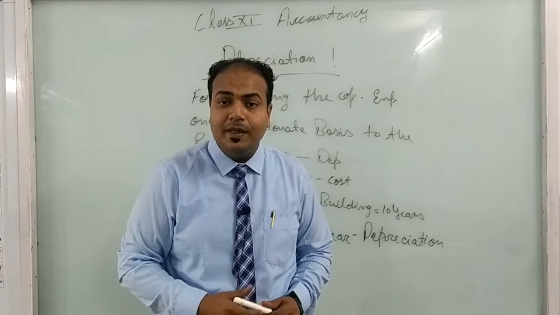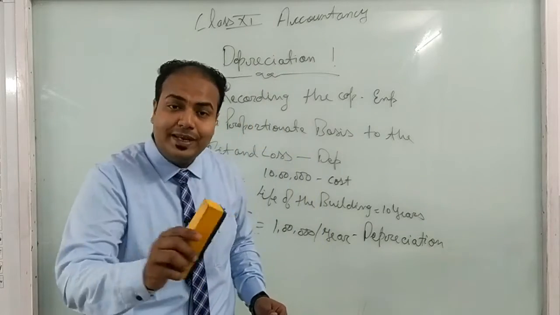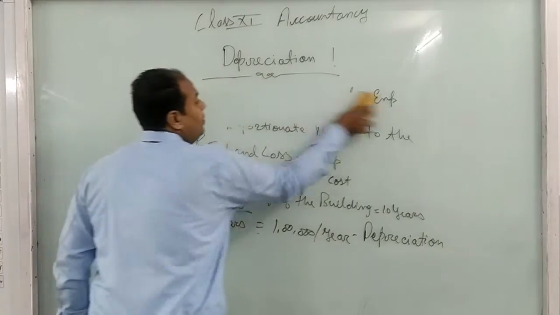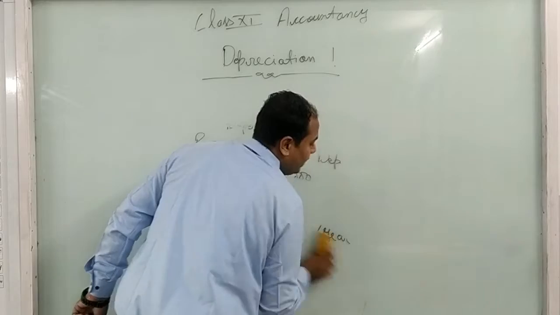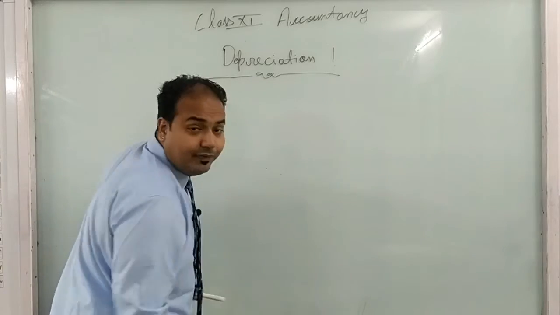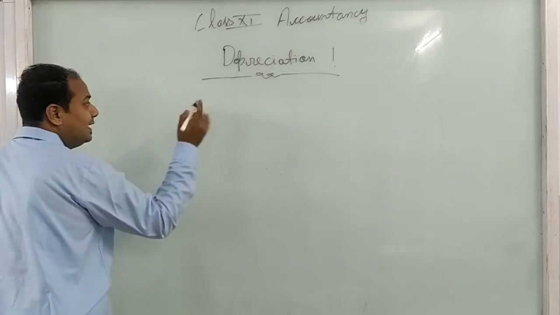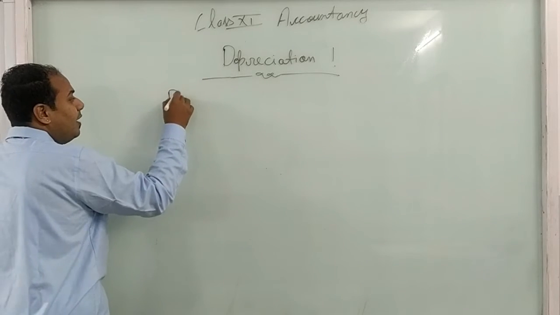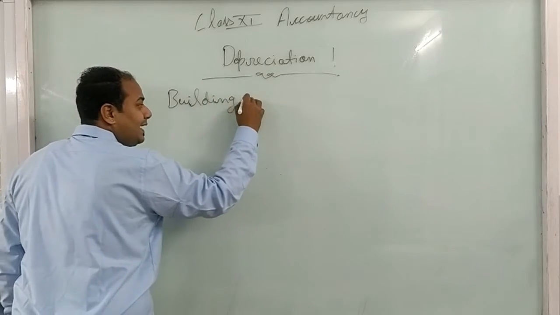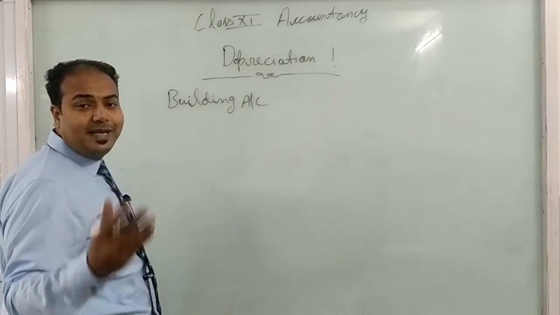Is it clear? Let's have a look for the financial statements also, as well as for the journal entries. Now what will be the journal entries for recording this depreciation amount? Now the very first journal entry will be for purchasing the asset. That is, you have purchased a building. So building is an asset, and the nature of asset will always be debit.